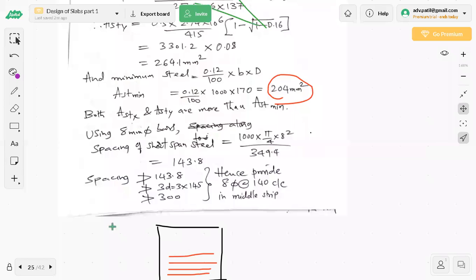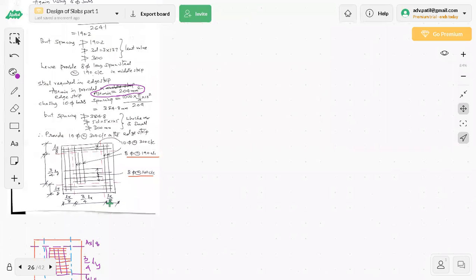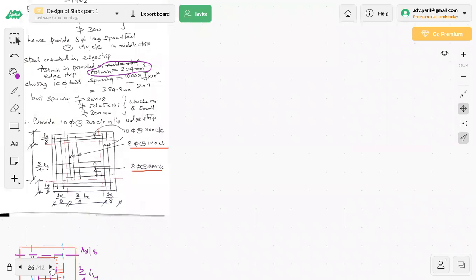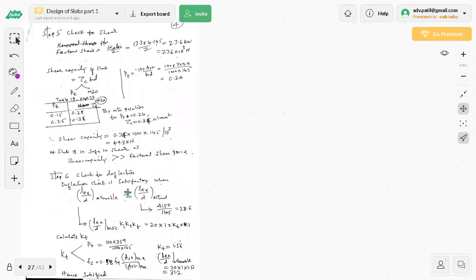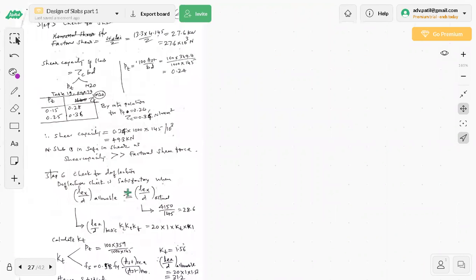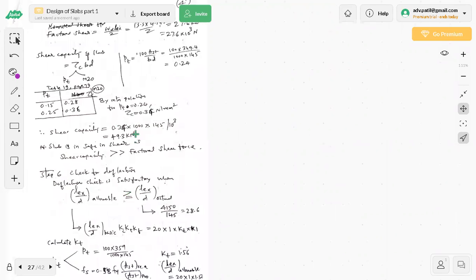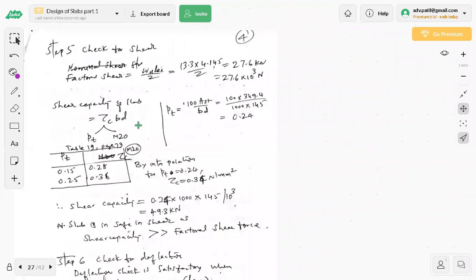Rest all is the same, everything is same now. Diagram I have explained. Next, check for shear. Simply calculate tau_c into b d and compare this with Wu Lx by 2.